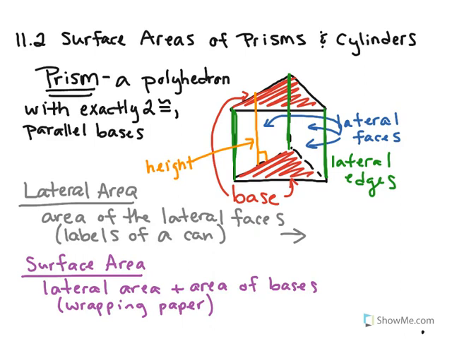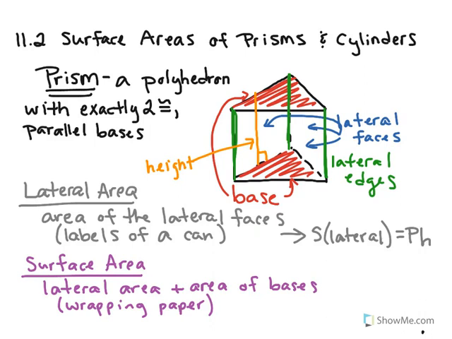The formula is S lateral. The S is for surface area, so surface of the lateral area. And the formula is capital P H. And the capital P here is not just the perimeter of the figure.